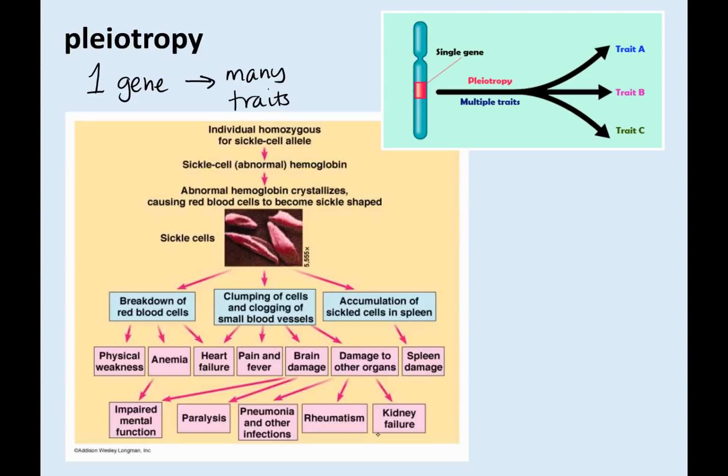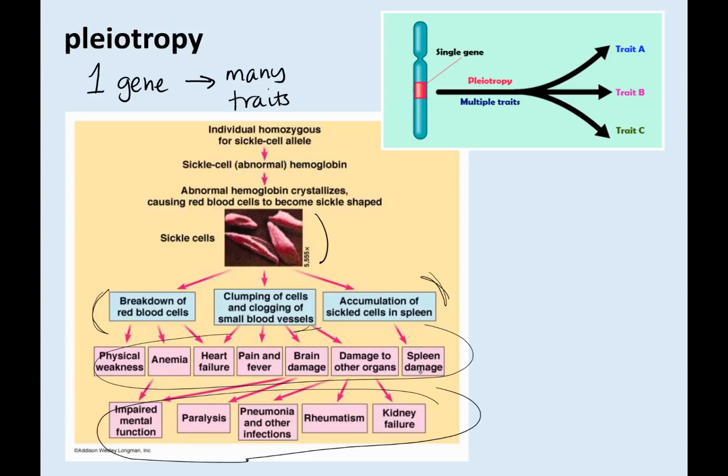An interesting one is sickle cell. If you have sickle cell, not only does that gene affect the shape of your red blood cells, but the red blood cells break down easier, and they clump, and they accumulate, and that causes anemia and heart failure, brain damage, spleen damage, which can cause kidney failure and paralysis and mental issues.